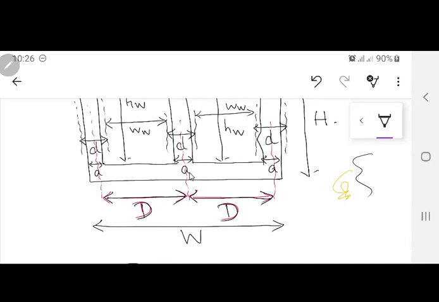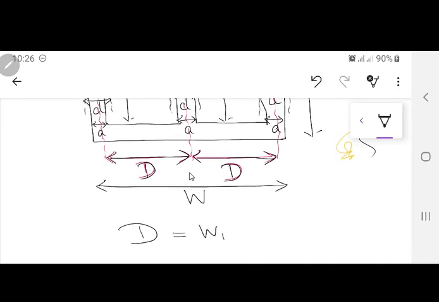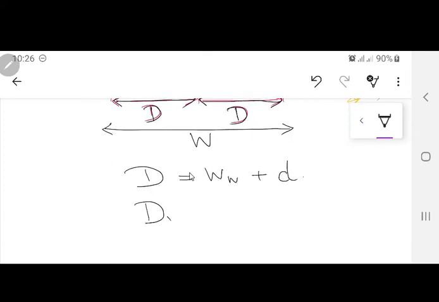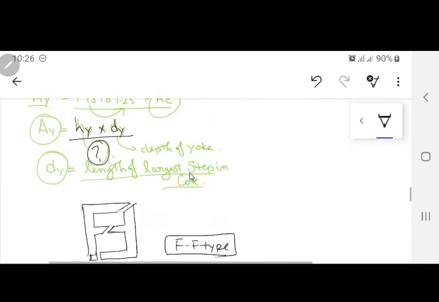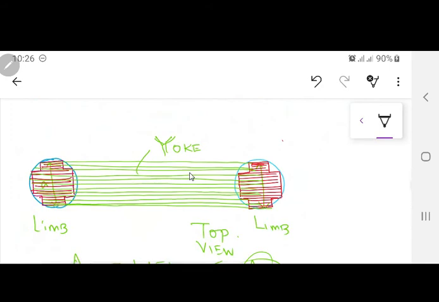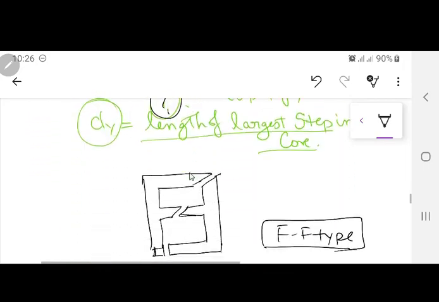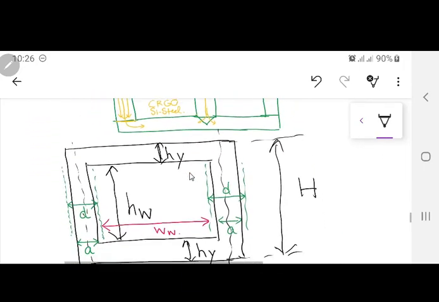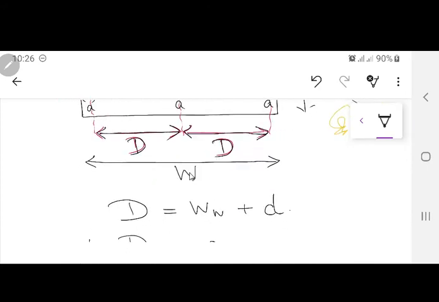WW plus, now D plus D. So this is WW plus D over there, and again same dy or small dy, same thing, is equal to depth of the yoke. ये भी हमने पीछे क्या किया था, जहाँ हमने yoke डिस्कस किया था, ये डेप्थ ऑफ द योक ये चीज है, A की इक्वल है, A is the largest stamping over there, or the largest length over there, so that is equal to that form. So dy is equal to that one.